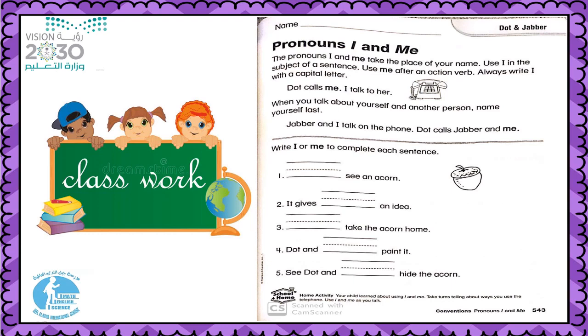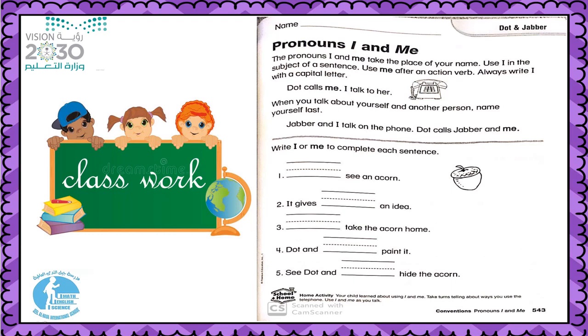Number 4. Dot and I or Dot and me painted. Now we're still in the subject part. We're still before the action. The action verb is paint. What do we put?